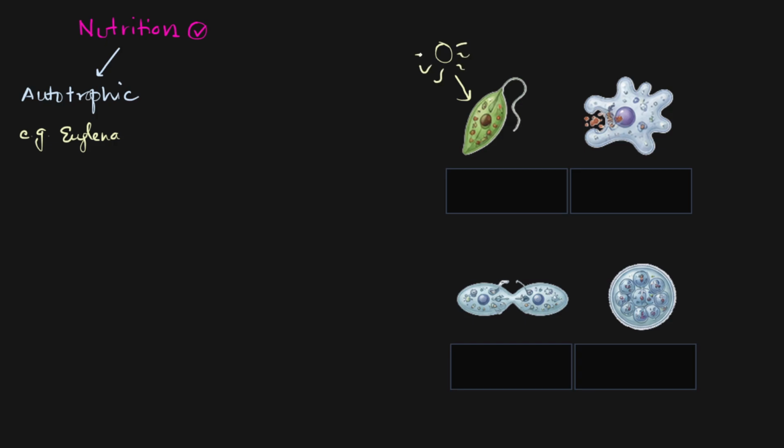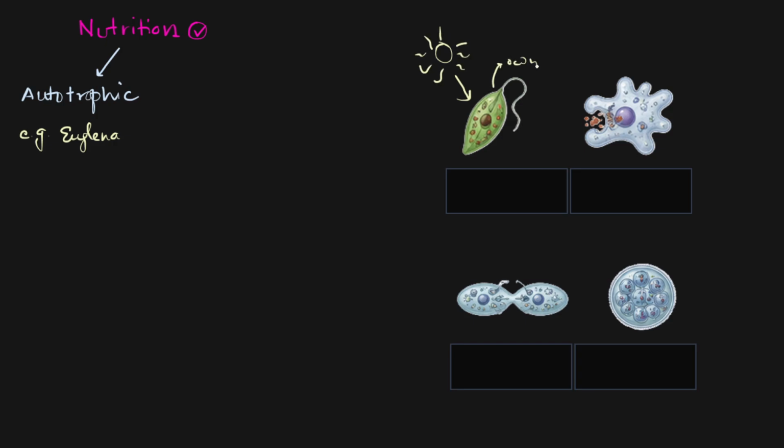All right, let's talk about the nutrition. What kind of food habit do they have? What are they eating for their survival? We all know what we eat, right? Now we need to know what our protozoans are eating. We'll start with the first, which is autotrophic. Surprisingly, some protozoans have the ability to actually create their own food. Example is Euglena. It can create its own food from sunlight. So it can live an autotrophic lifestyle.